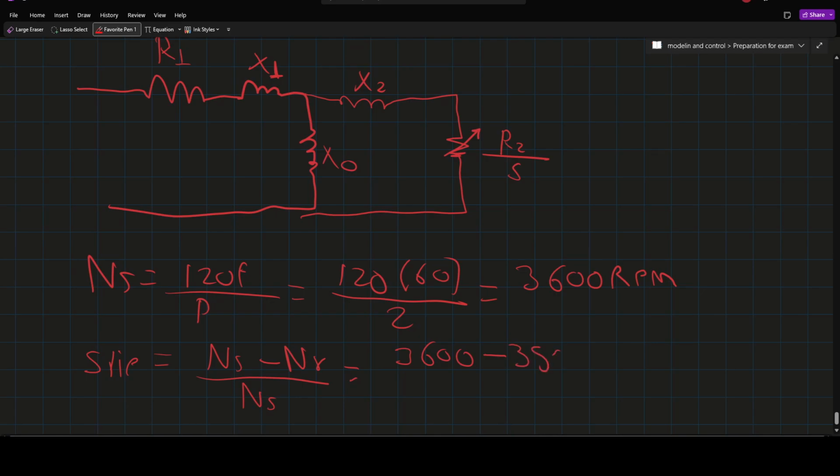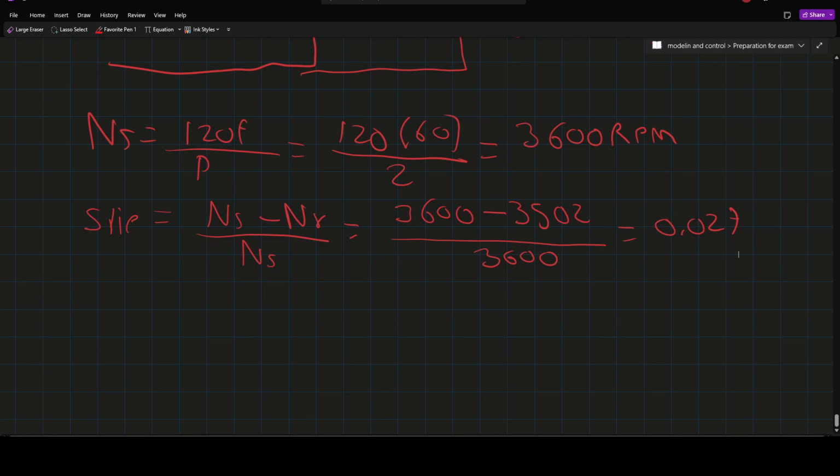Our rotor speed is given. So we get a slip of 0.0227, so it's around 2.27%.